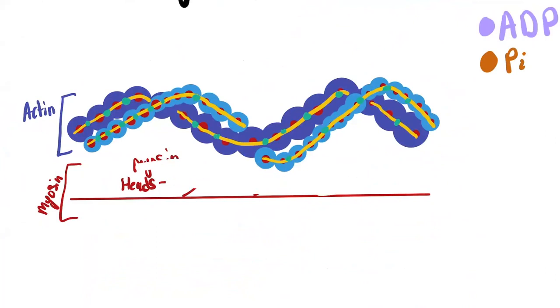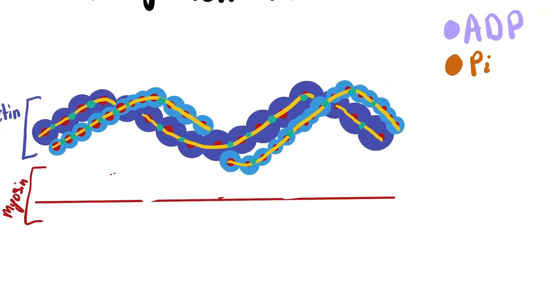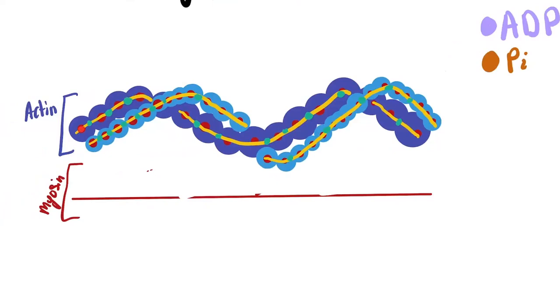So you have the triple myosin, which is going to expose the active sites on the actin.